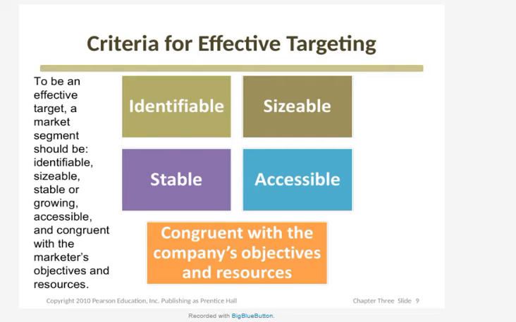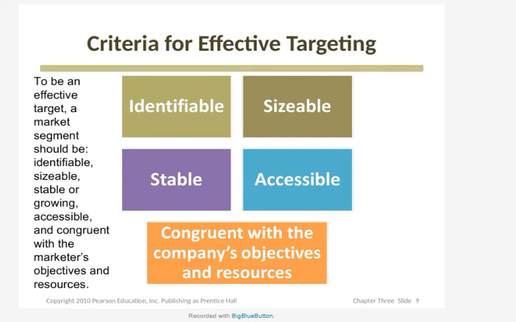Next, the criteria for effective targeting. Yes, I know that targeting is very important, but how do I make effective targeting, or make targeting really efficient and effective? There must be 5 conditions.